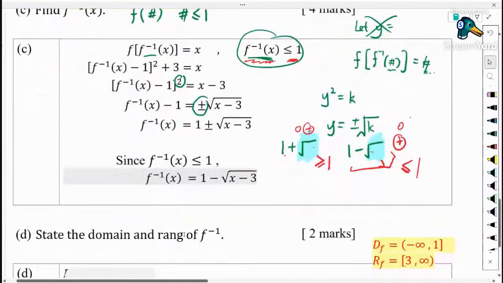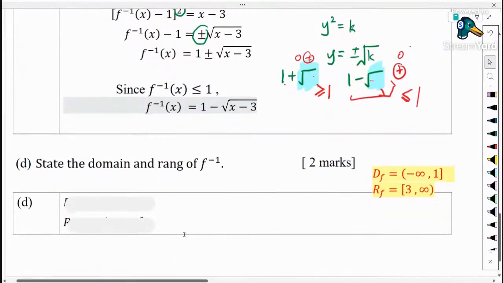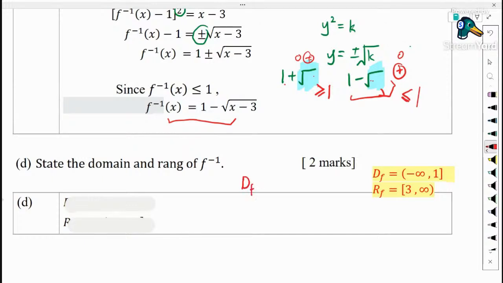And once I get the inverse, now state the domain and range. And guys and girls, by the time you state the domain and range, don't just simply look at the inverse to get the domain and range, but try to recall the properties. Domain of f inverse is equal to the range of f. The range of f inverse is equal to the domain of f.